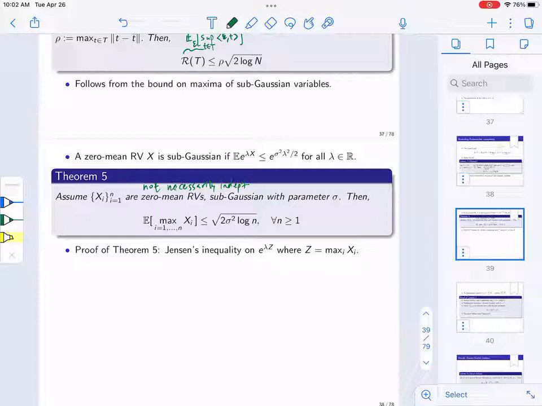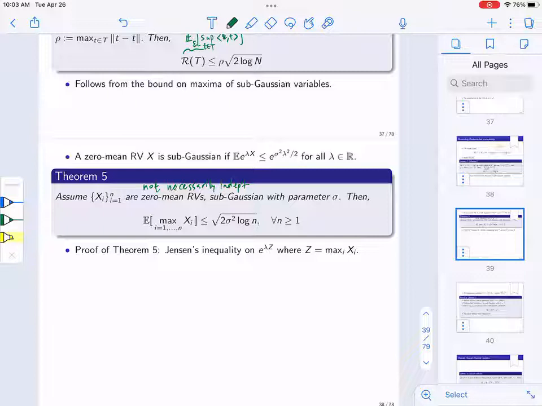Jensen's inequality on e to the lambda Z, where Z is the maximum of the x_i. Can you fill in the details? How should we prove this? I just want to do it so that you remember this argument. So max is a convex function.